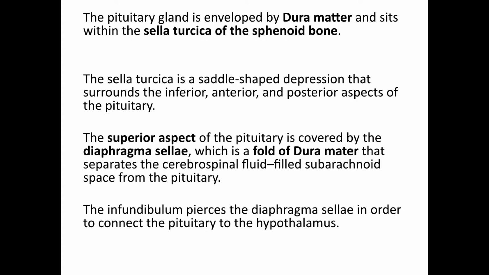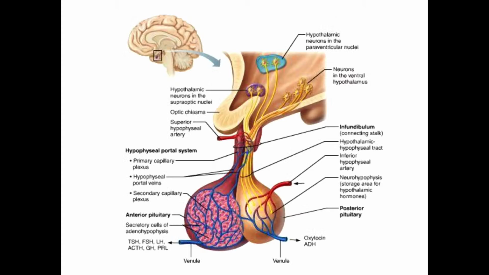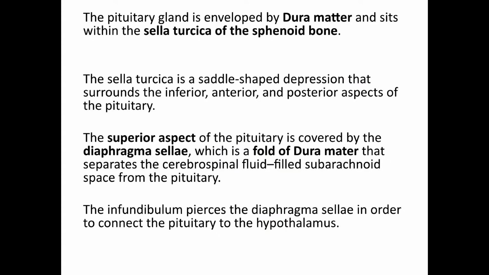So the sella turcica itself is this location here, and it has a saddle shape, and it is a bit depressed inferiorly, anteriorly, and posteriorly around the pituitary gland.